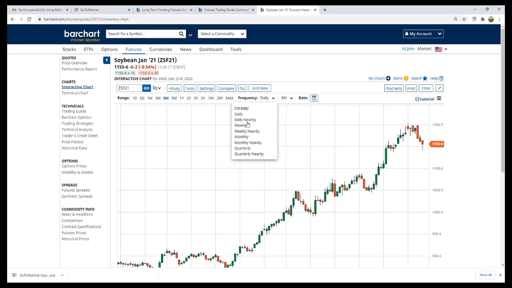And then as we go through the cycle of expirations, the chart will continue as it goes to the next nearby. So this chart is good for helping us find trends and maybe targets, but it's not a great chart for finding entries. If we're going to look for entries, we always want to use a contract specific chart, a daily chart or a weekly chart.